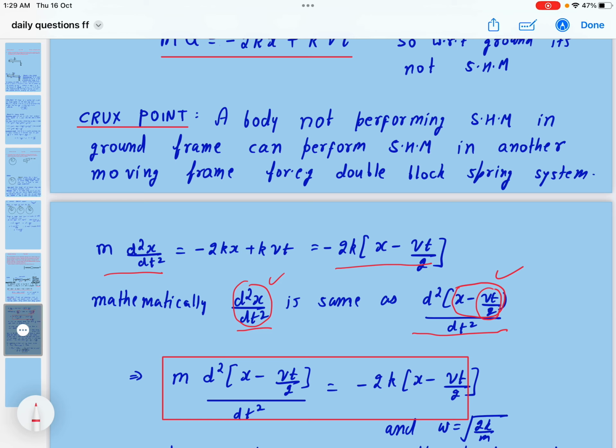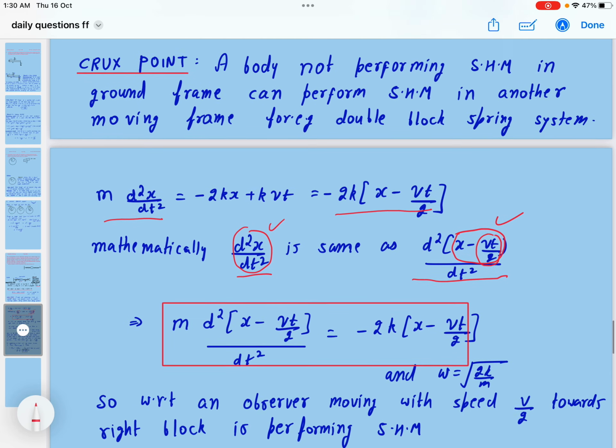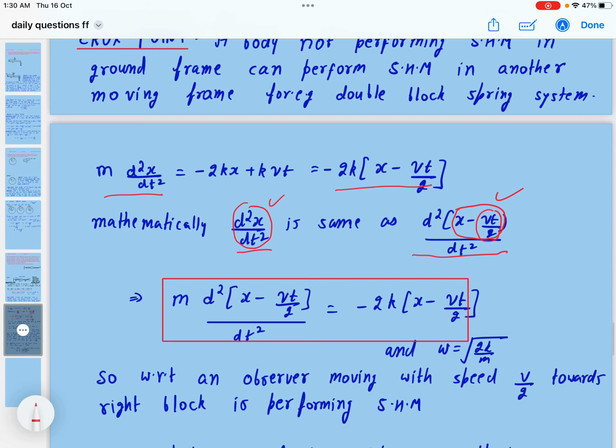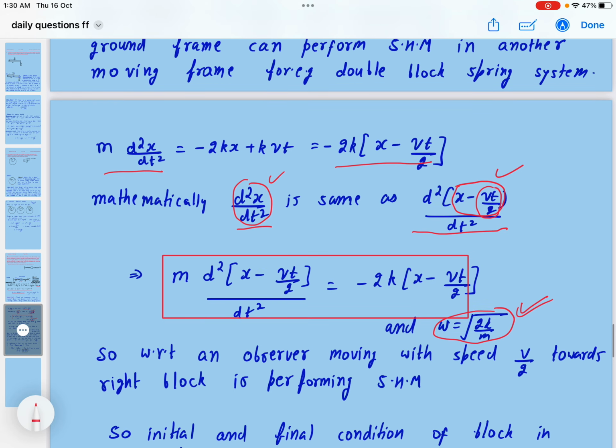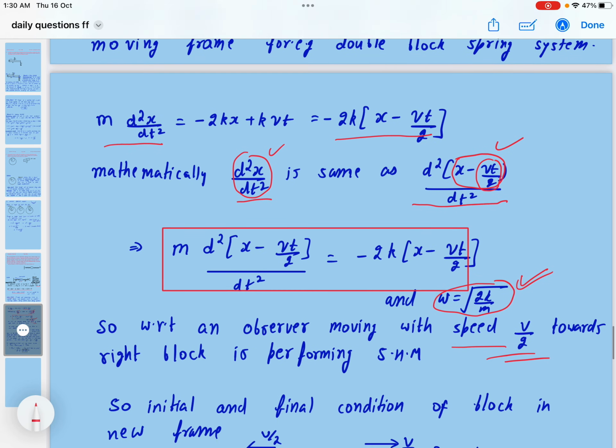So with respect to any frame moving with velocity v by 2 towards right, our block is performing SHM. And from the equation, omega is under root 2k by m. So the block is performing SHM with respect to an observer moving with speed v by 2 towards right.